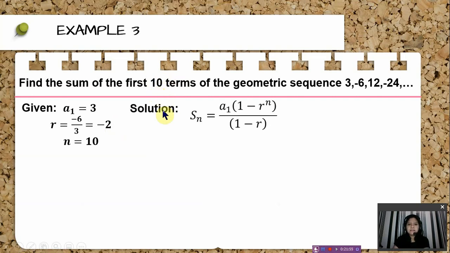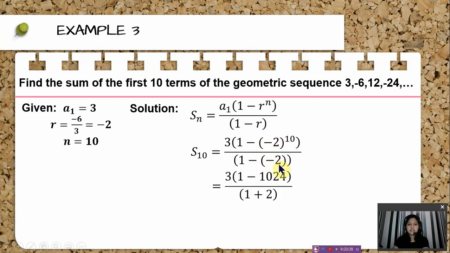We will use the formula S sub n is equal to a sub 1 times the quantity 1 minus r raised to n, divided by 1 minus r. So, substitute the given to the formula. Our S sub 10 would be 3 times 1 minus negative 2 raised to 10 over 1 minus negative 2.